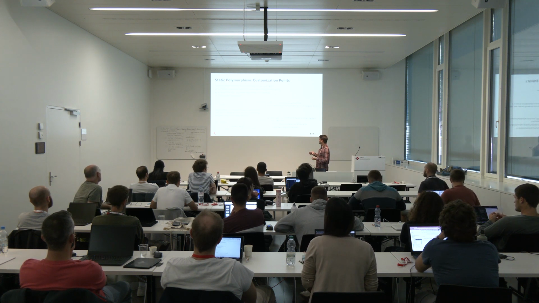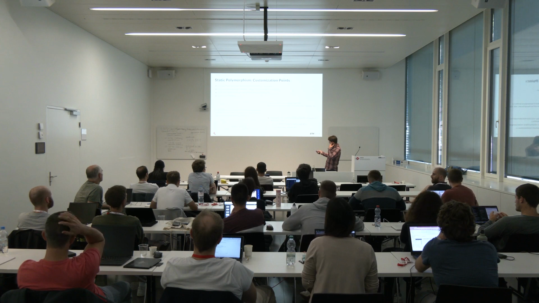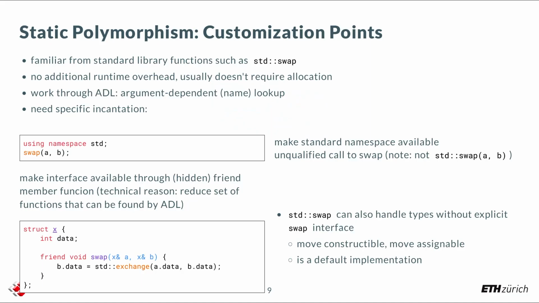So remember that standard swap can also handle types without the explicit swap friend function, because if your type is simple enough, is move constructible and move assignable, it can just move it and pretend this was a swap, even though you haven't actually written an explicit swap function.